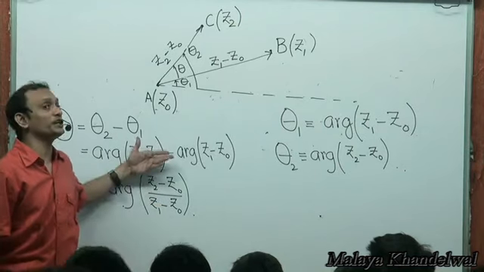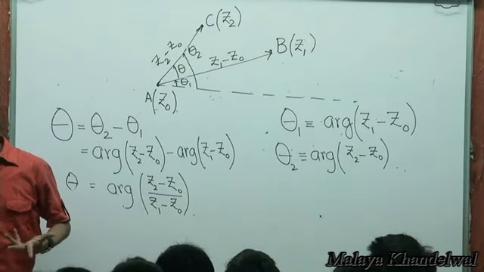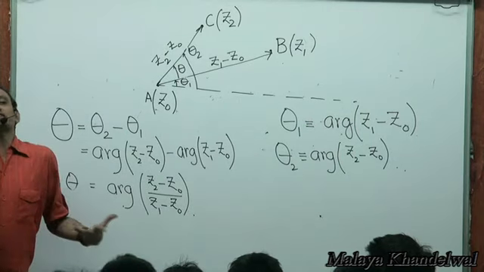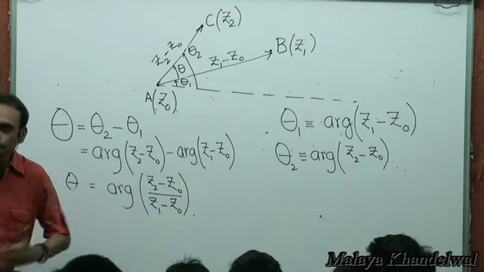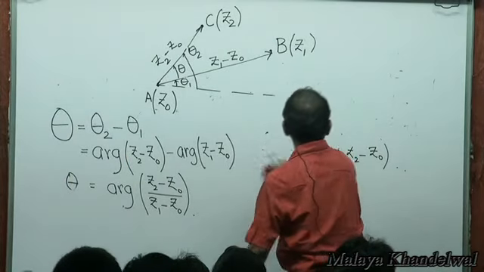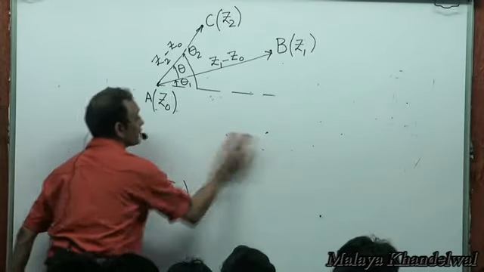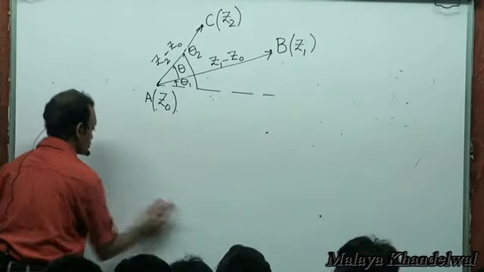If you have to go clockwise, then theta would be negative. So it covers practically everything that you require, right? So this is one thing that I had done in an earlier session.